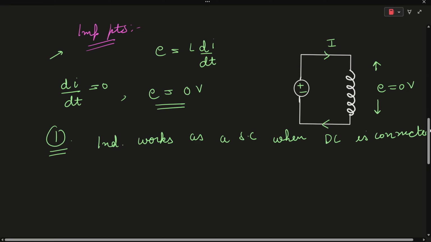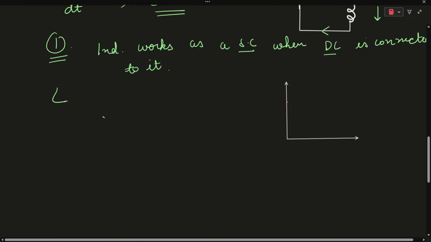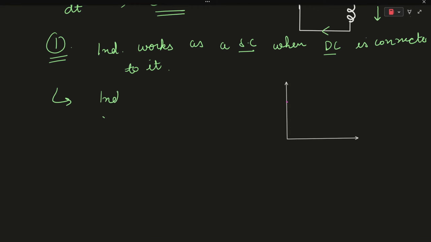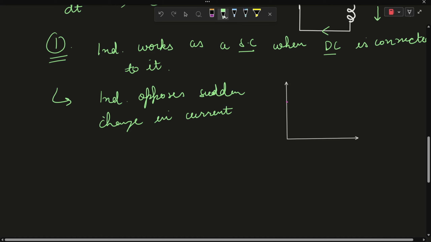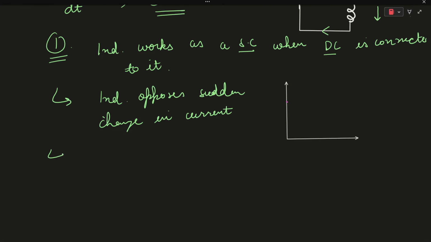It means that an inductor opposes a sudden change in current, because to have a sudden change in the current, the voltage across the inductor should approach infinity.